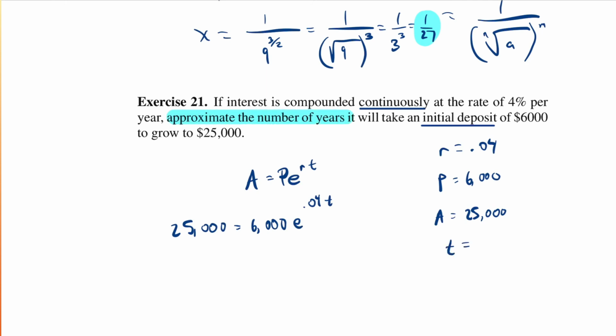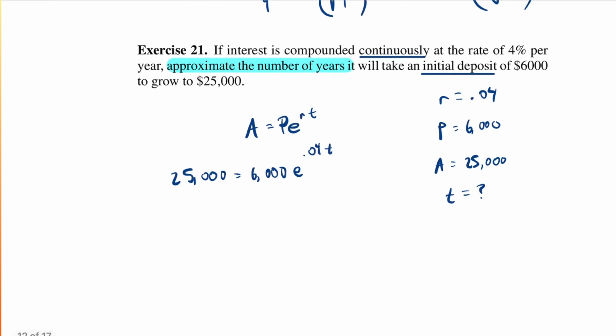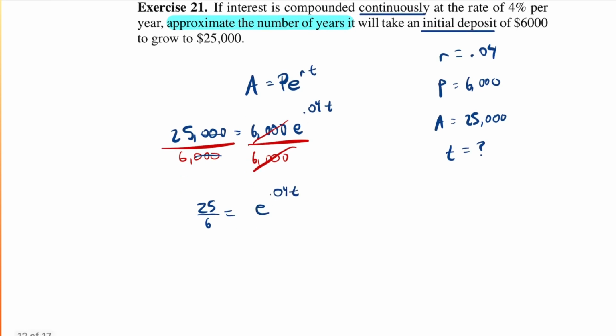In order to solve this equation, you have to divide both sides by 6,000 first. Notice all these zeros cancel, so you really get 25 over 6 is equal to e to the 0.04t. If you recall, the way we get rid of an e is by taking the natural log of both sides.